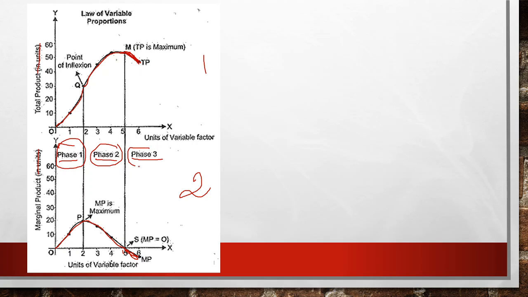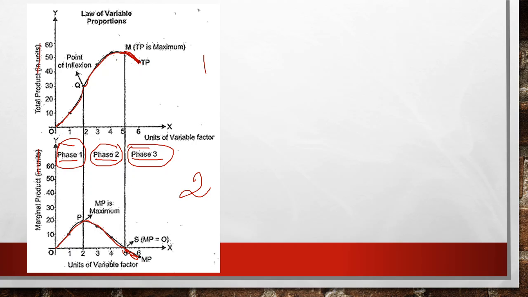Now in the last phase, phase 3, the employment of an additional variable factor causes TP to decline, and MP becomes negative. So this phase is known as negative return to a factor.